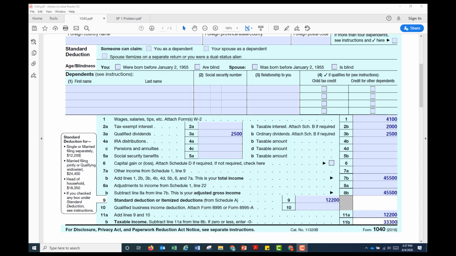However, this $2,500 is a part of this figure, the $33,300. So we cannot look up this number directly in the tax table. Rather, we have to use a worksheet. This worksheet is called the Qualified Dividends and Capital Gain Tax Worksheet. Use this worksheet to get the tax number and fill out 12A.